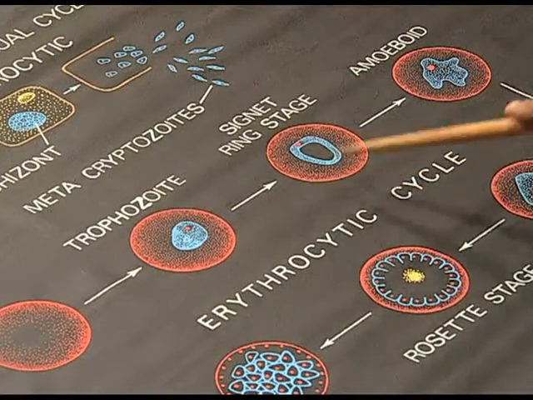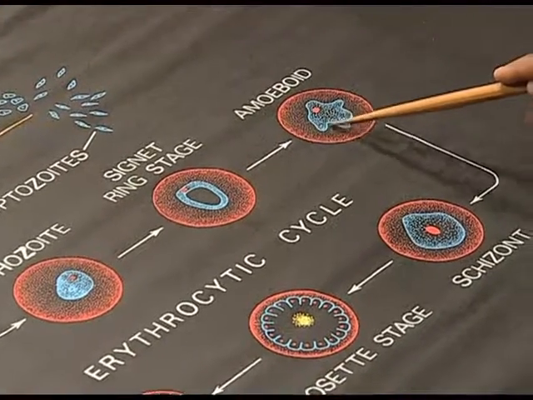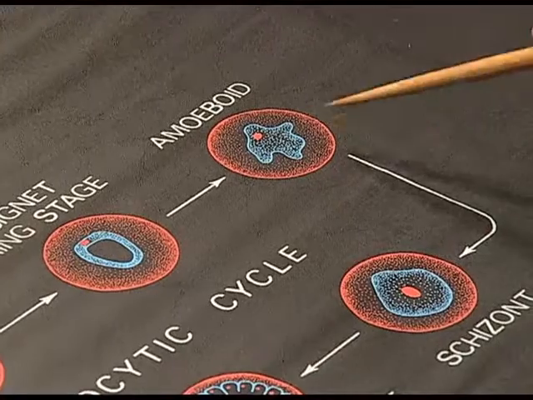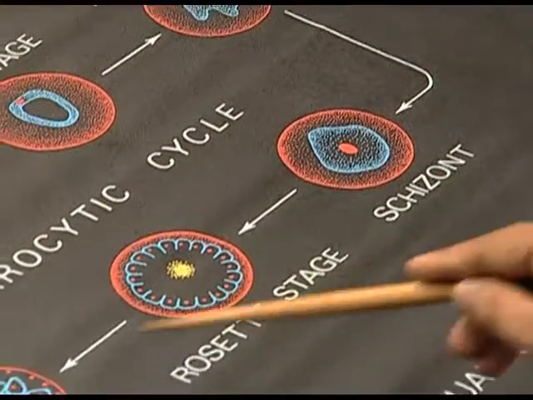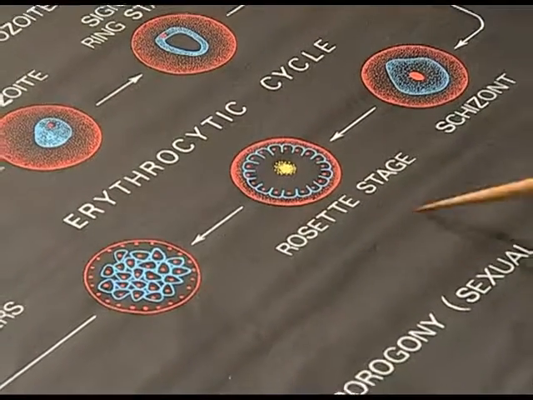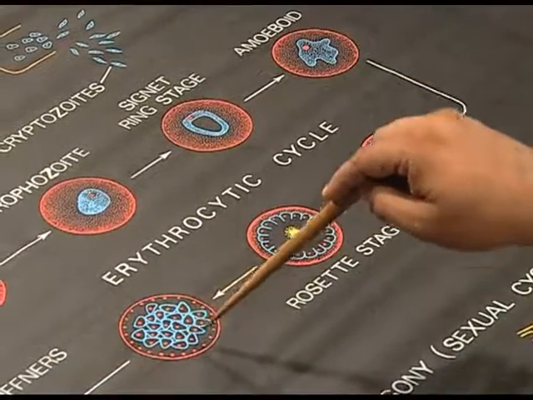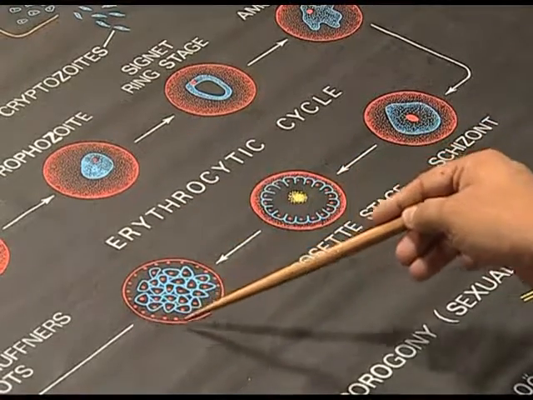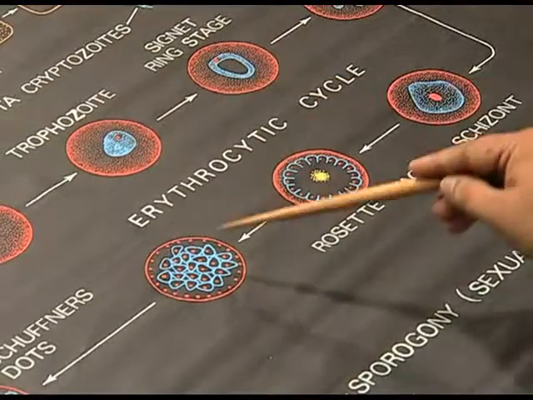Now, after these stages, the next is the amoeboid stage. This is an irregular stage present inside the RBC. After further development, they form a rosette prior to the schizont. Basically, the schizont is not a definite structure; it is the development of the amoeboid structure into many micro cells known as merozoites inside the parasitophorous membrane in the RBC.